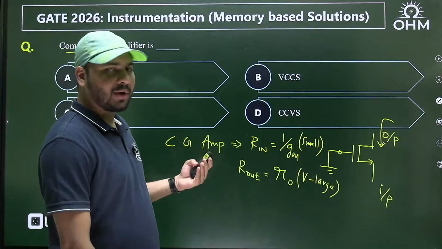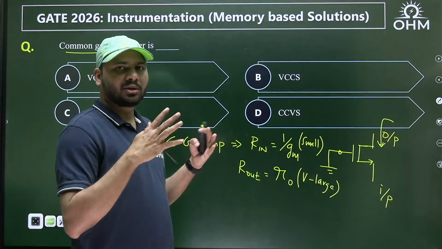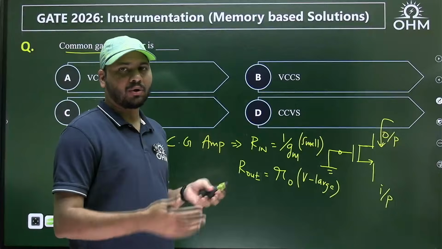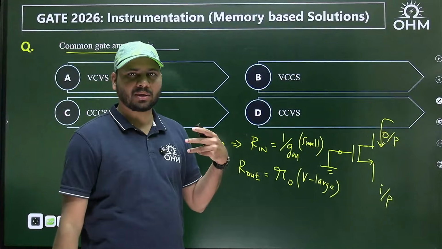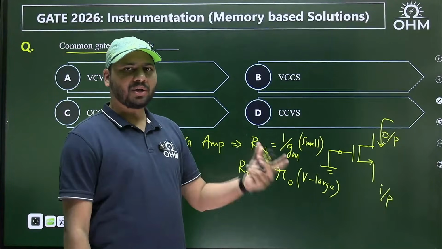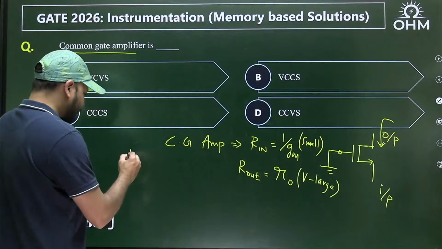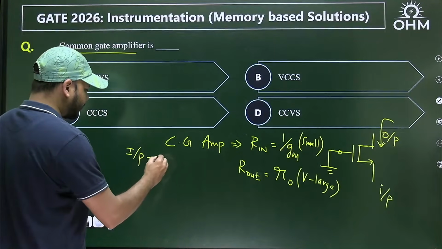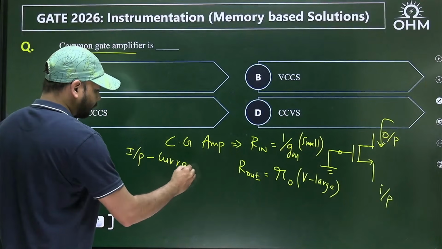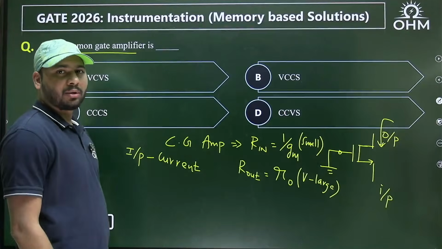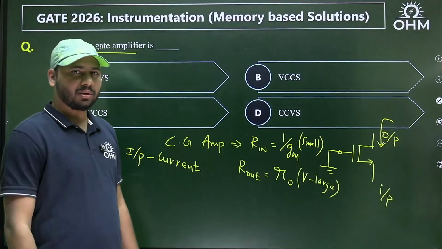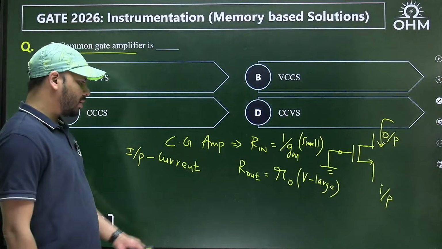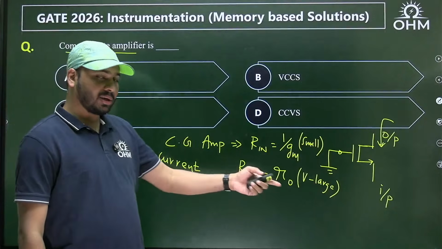Which amplifier will generally have a small input resistance and a large output resistance? Small input resistance is suitable when the input is current. If the input is current, it is always preferable to have a small input resistance. And here Rout is large.